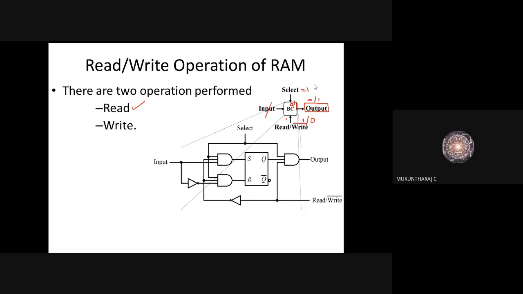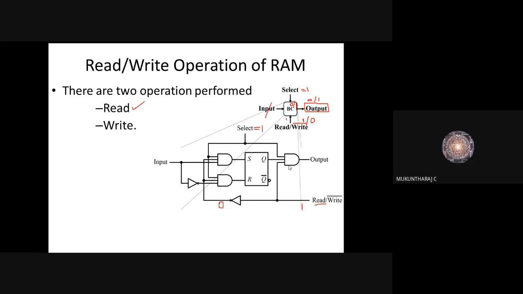Apply these control signals in this diagram. The select line is 1 and the control line is also 1. Here we are applying logic 1, so logic 1 enables the read operation. Then this 1 is inverted to 0 here. Select is 1 and read is also 1.